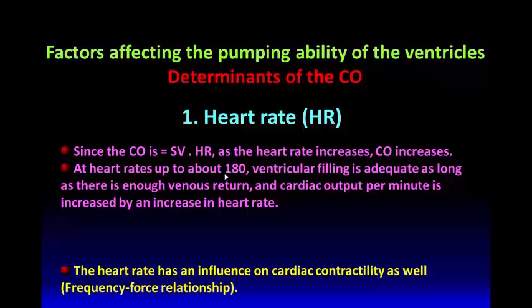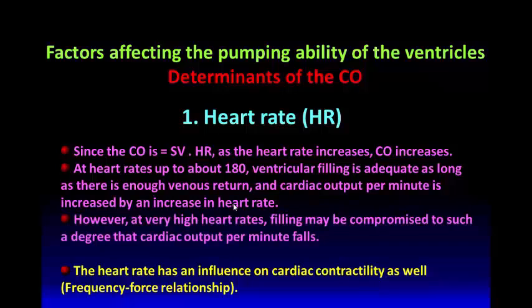Diastole is not shortened very much. Still, there is an adequate diastolic period and adequate ventricular filling during diastole as long as there is enough venous return. Accordingly, the cardiac output per minute is increased by an increase in the heart rate.